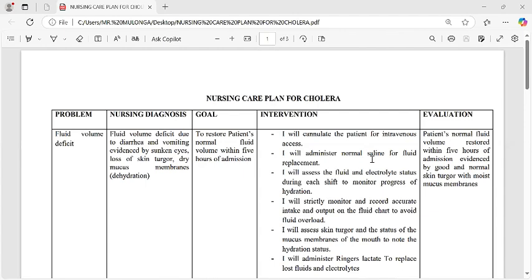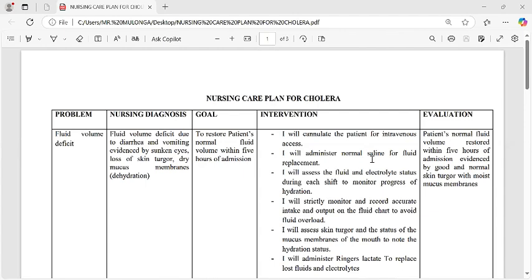Today we're going to look at the nursing care plan for Cholera. In our previous video, we learned about how to write the nursing care plan. Now we're going to learn about one of the nursing care plans for a condition known as Cholera.